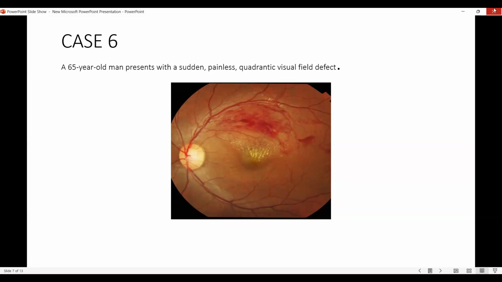Okay, before that, if the macular edema is more than 250 micrometers and the patient's vision is worsening, what is the first line treatment for this patient? So, ma'am, if it is center involving macular edema, we can go for anti-VEGF.